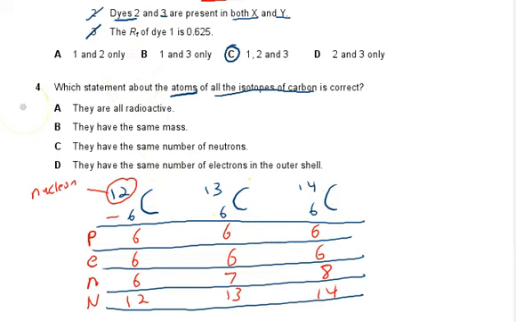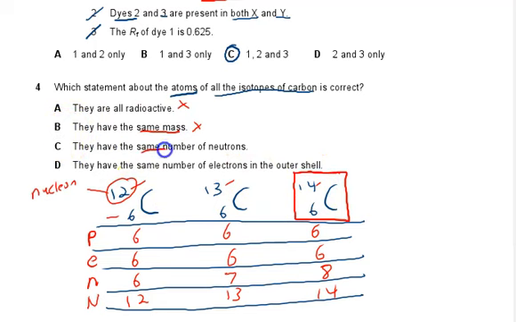Okay, now they are all radioactive? No, definitely not. Not all the isotopes are radioactive. Only carbon-14 is radioactive. It is involved in archaeology. Do they have the same mass? Definitely not, because here it is 12, 13 and 14. So it's not the same.